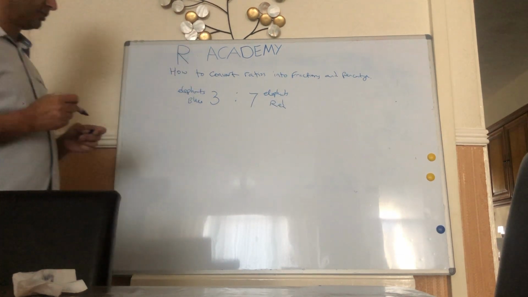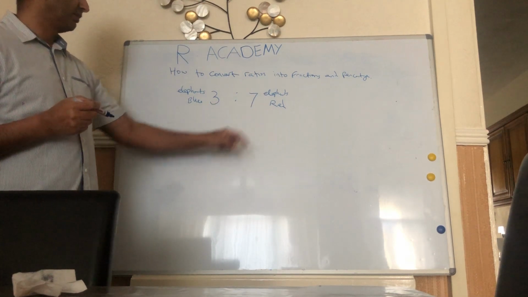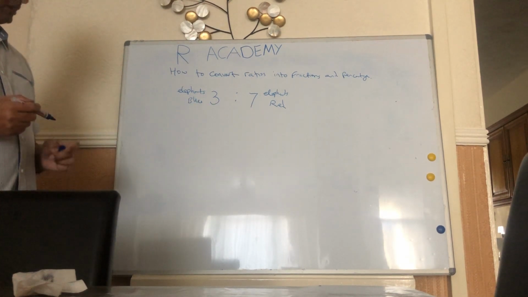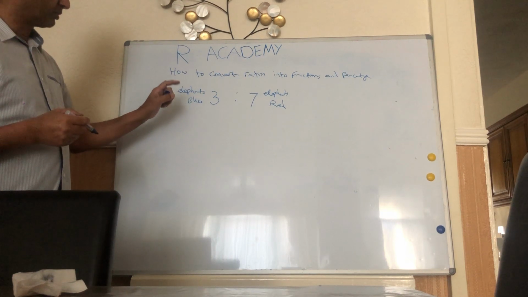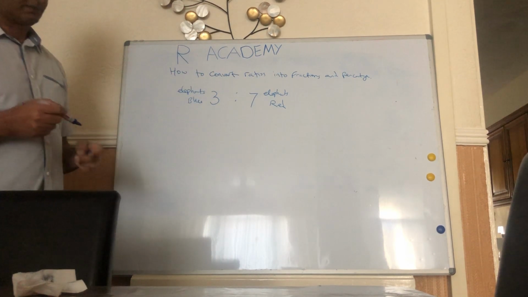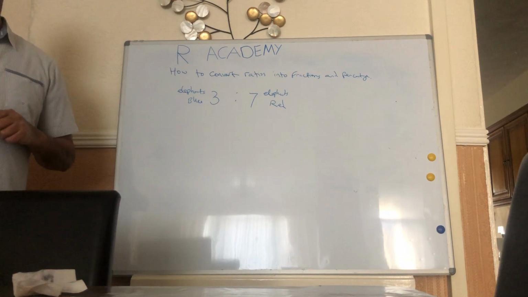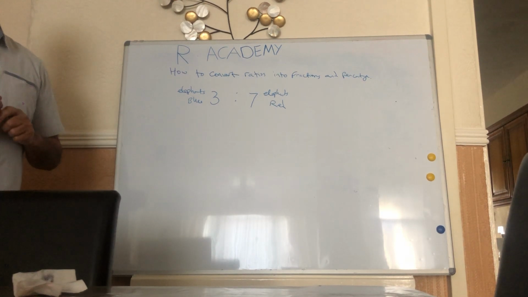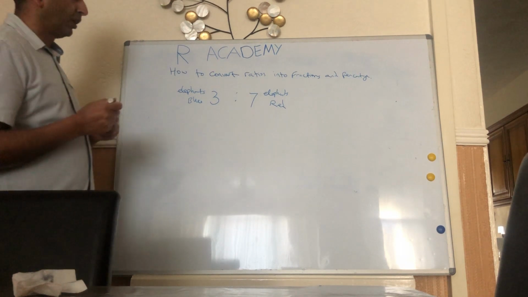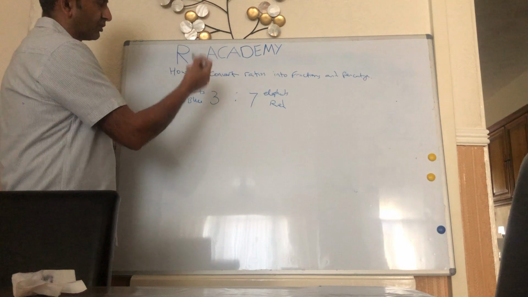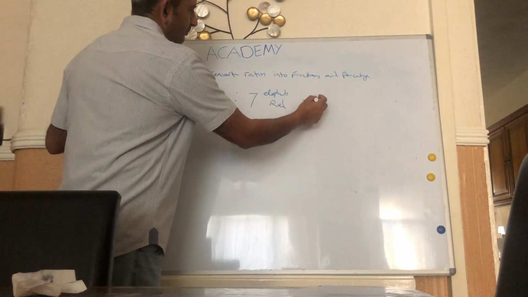Okay? So you've got red elephants here, blue elephants here. So the ratio between the two is 3 to 7. So you need to make a total first. To convert this into a fraction, you need to make a total. So the total number of elephants is 3 plus 7 equals 10.